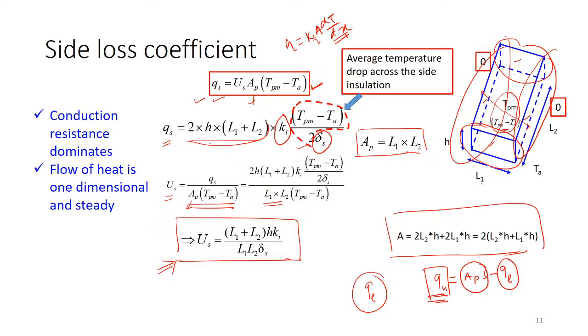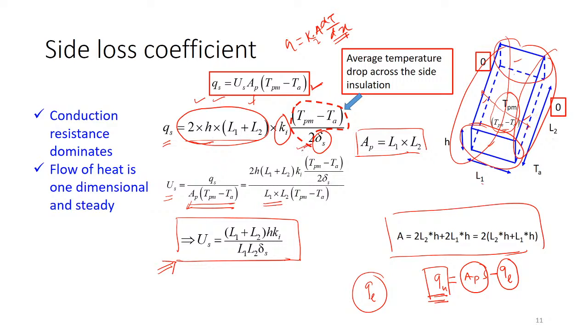How have we got this area? It is very clear. We need to consider all four faces. This area will be L2 multiplied by H, and this area will be L1 multiplied by H. There are two surfaces of this kind and two surfaces of that kind, that's why 2 is multiplied here. And then delta S is delta S. But why is 2 here? Because we have considered average losses, TPM minus TA divided by 2.